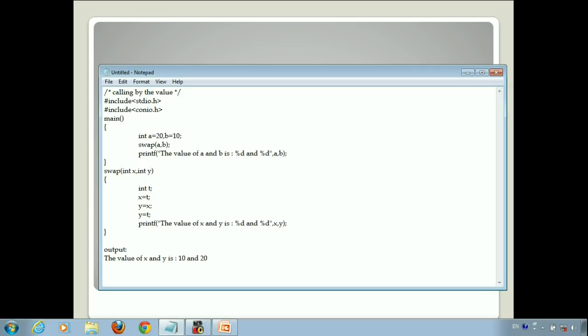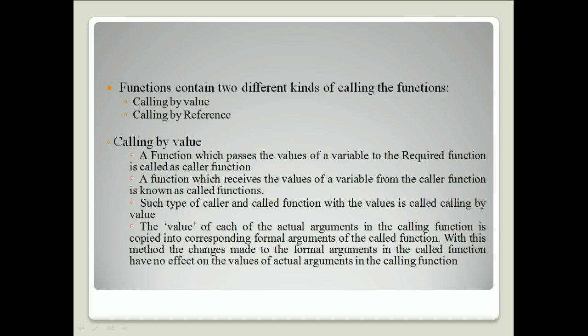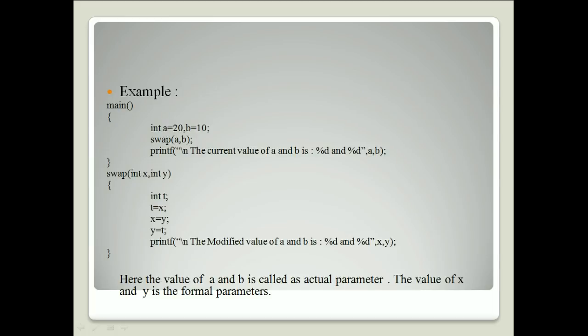Now it will return to the main function and it will print the statement, that is the value of a and b is, a value is 20 and b value is 10. This is the example of the calling by value function.